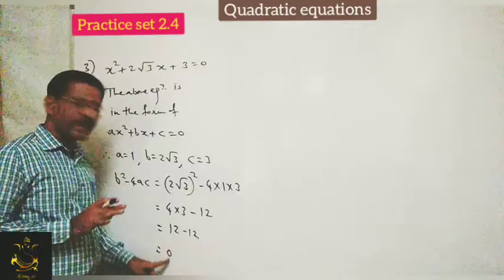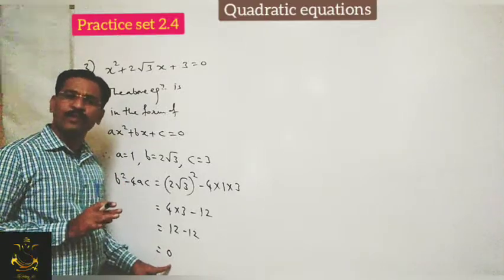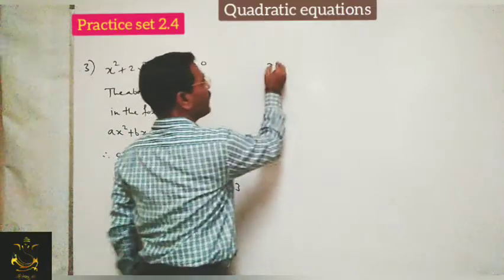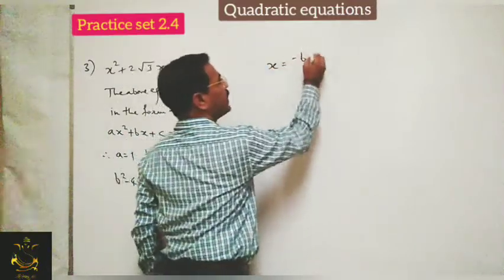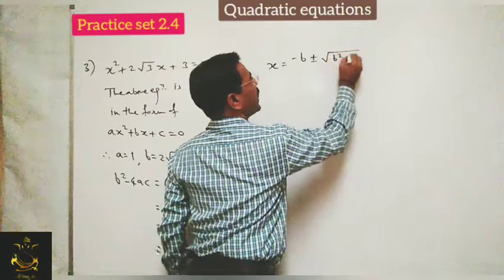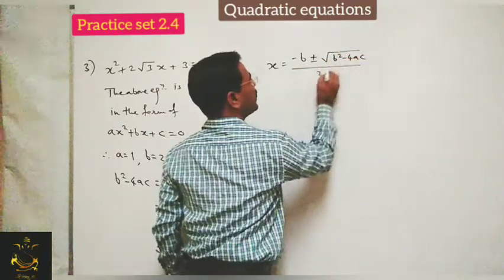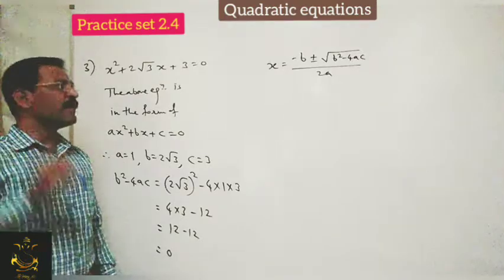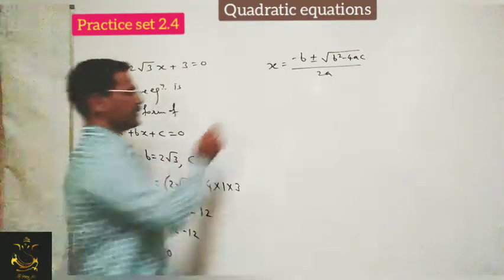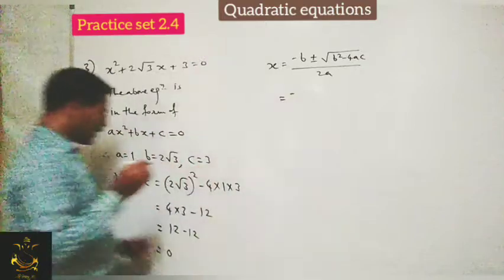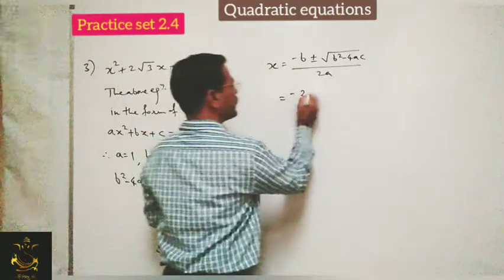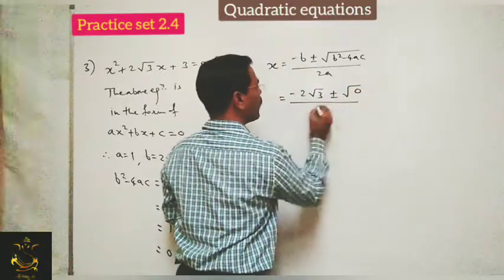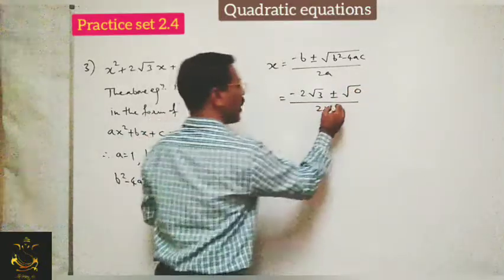Okay, now after getting the value of b square minus 4ac equal to 0, we'll write the formula. What is the formula for the value of variable x here? So minus b plus or minus under root b square minus 4ac upon 2a, in which we have to substitute the values of a, b, c as well as b square minus 4ac. Now, what about b here? b is 2 root 3, plus or minus, this is only 0, upon 2a, a is 1 here.